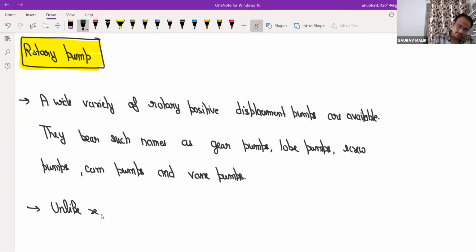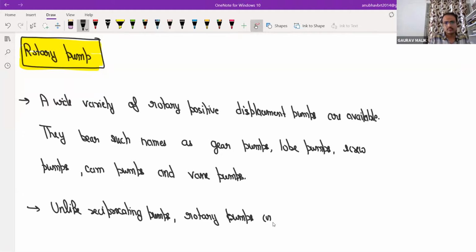Unlike reciprocating pumps, rotary pumps contain no check valves.